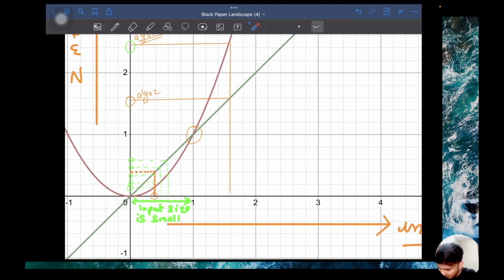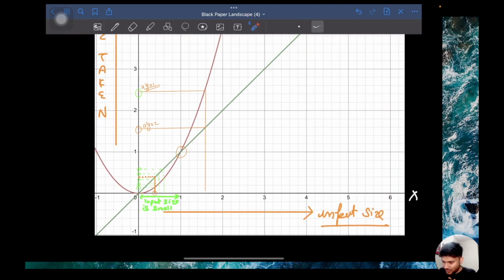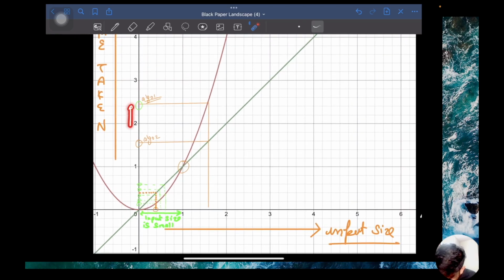And even the difference is less. See, here, this was algorithm 1, and this was algorithm 2. So the time difference is not much. Although, yes, algorithm 2 is performing bad, it's not performing way bad. But if you compare the difference here, this difference is huge in terms of magnitude, right?